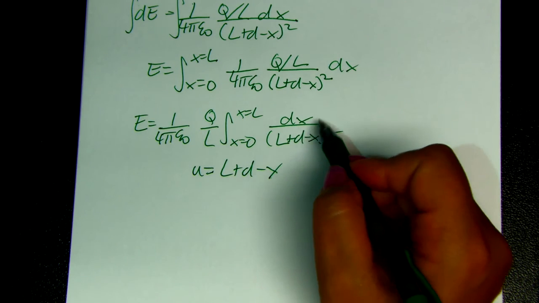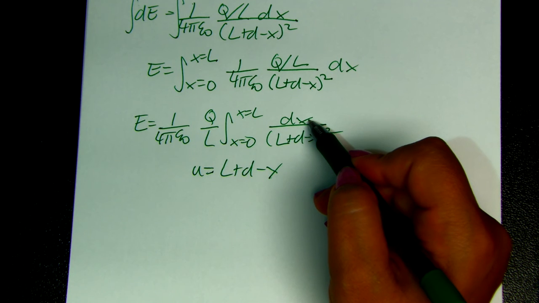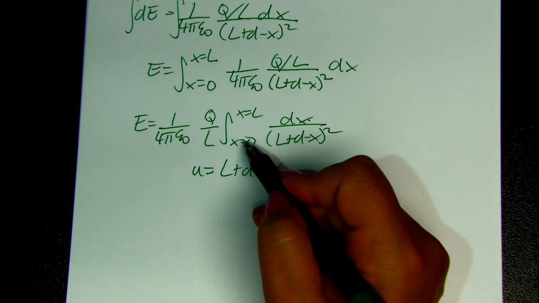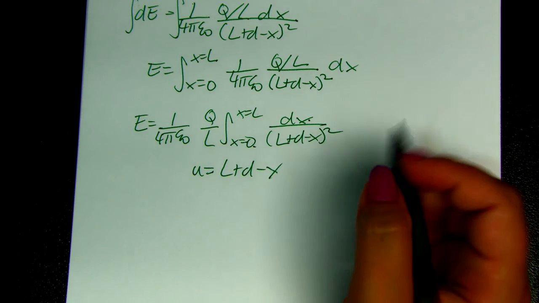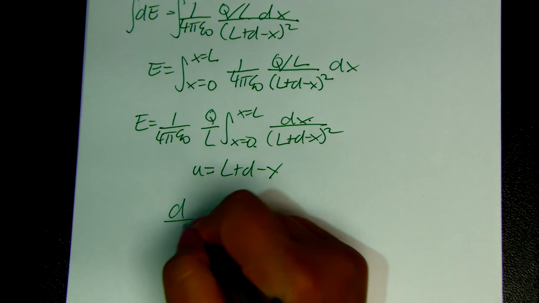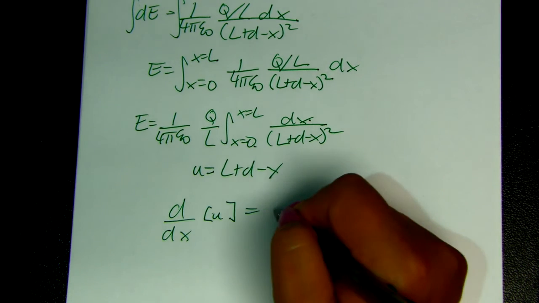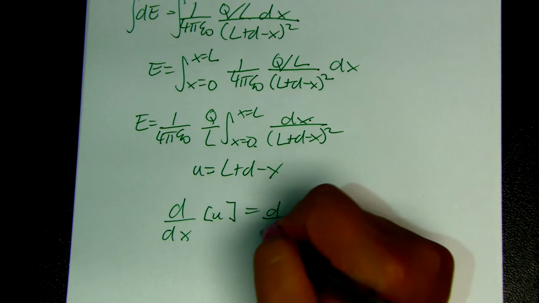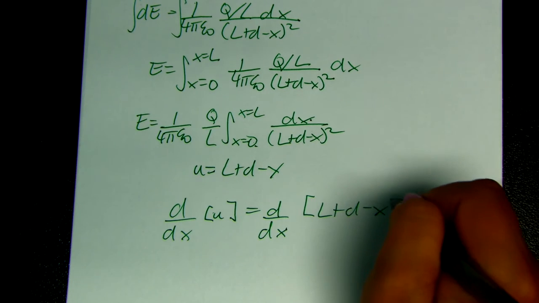Now it's not as straightforward as simply making this u squared. You now need to integrate with respect to u. So that means we need to find dx in terms of du, and we need to convert these integration bounds in terms of u as well. So we would know that du/dx is equal to d/dx of L plus D minus x.